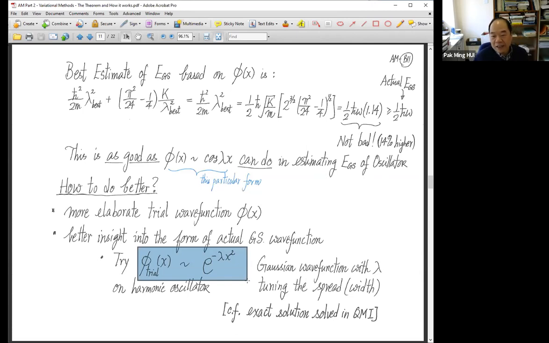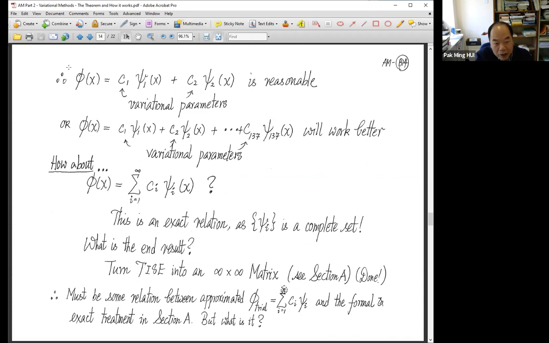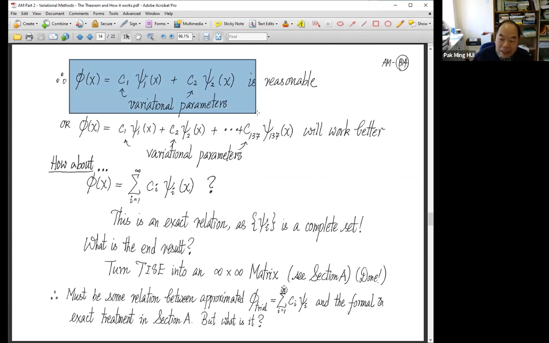Okay? So next time I will show you more examples using the variational method, but in a particular form of child wave function. Namely, what if the child wave function is a linear combination of several functions? What will the variational method give us? It turns out that it will give us a matrix equation of the same form that we discussed in the previous hours, but smaller size.